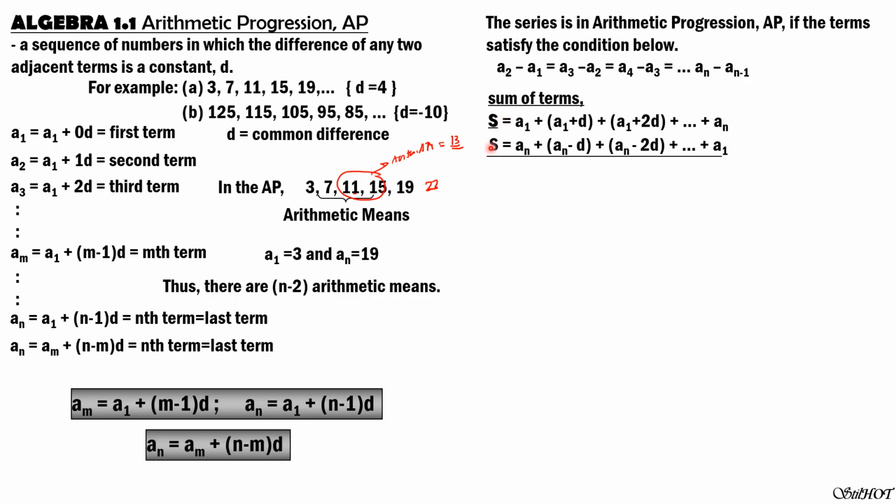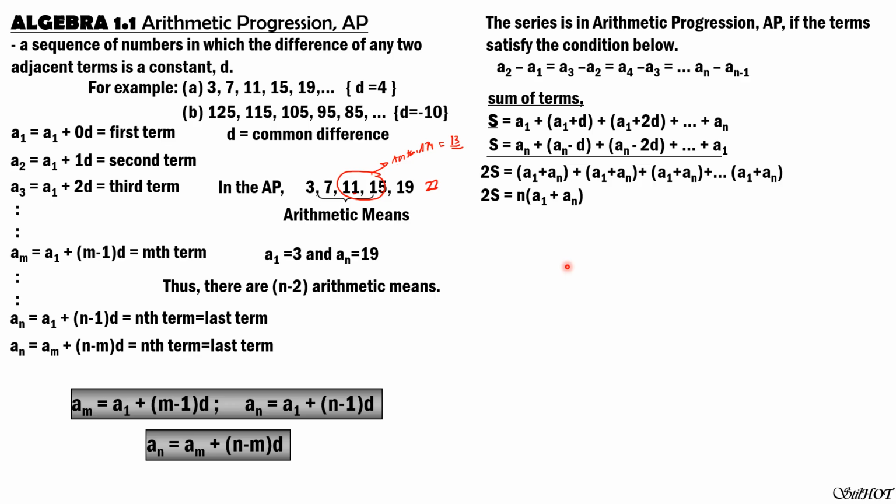So s plus s is 2s, equal to quantity a1 plus an, plus quantity a1 plus an, plus quantity a1 plus an, plus quantity a1 plus an. Of course, there are n factors of a1 plus an, common to all. Therefore, the right side may be represented by n times the first term plus last term.